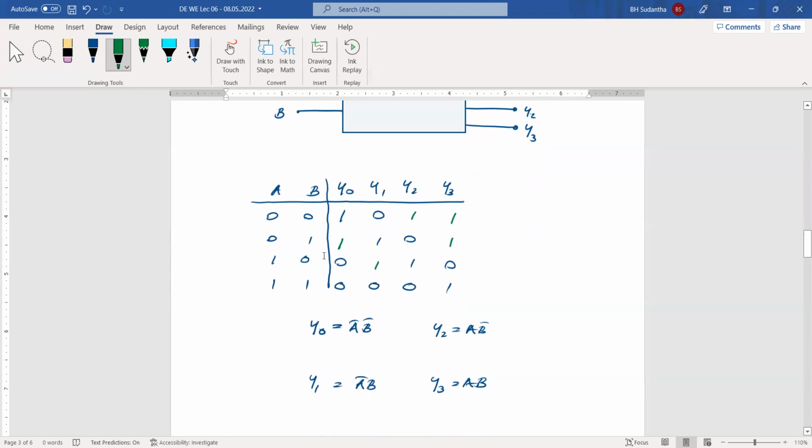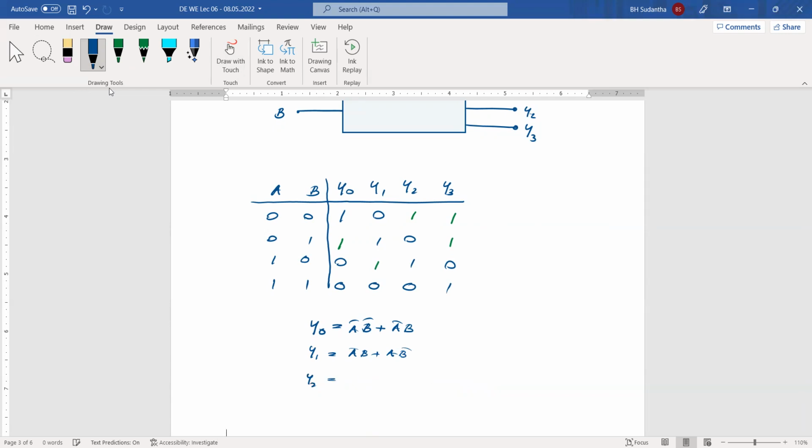Based on that, if we write output equations based on this one, here Y0 is A bar B bar plus A bar B. Y1 is A bar B plus AB bar.